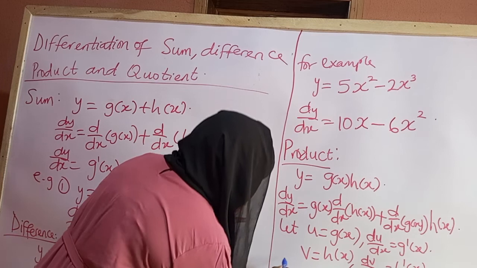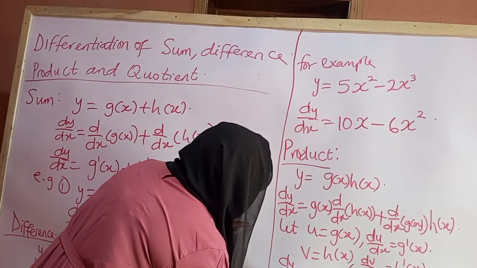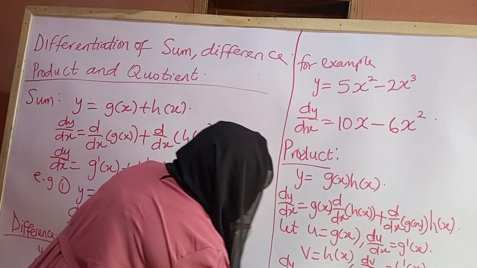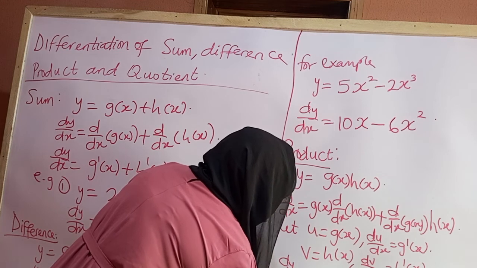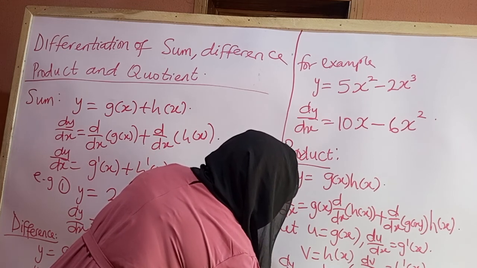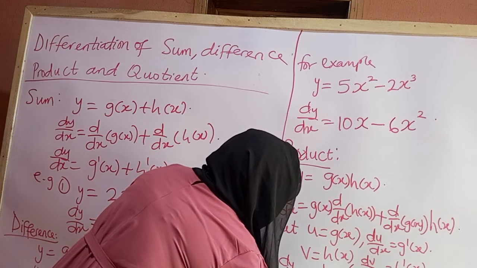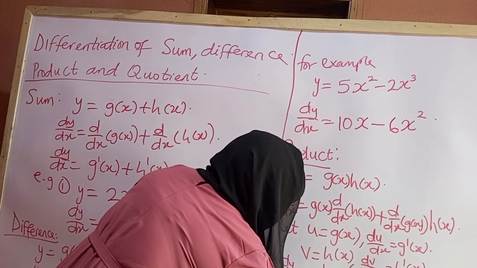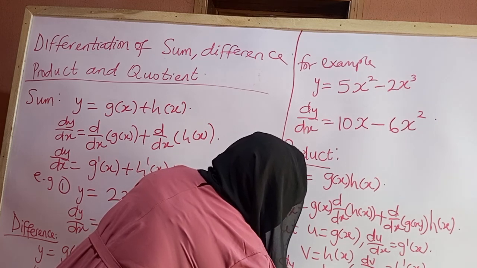So the formula goes thus: dy/dx for the product rule will be equal to u dv/dx plus v du/dx.